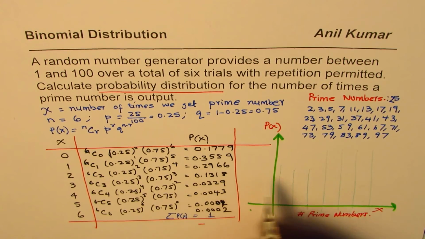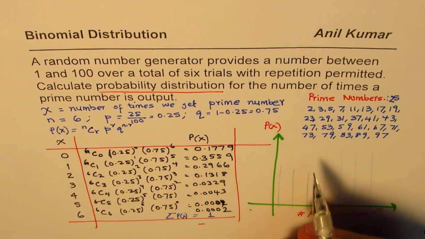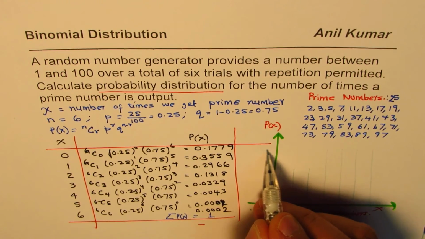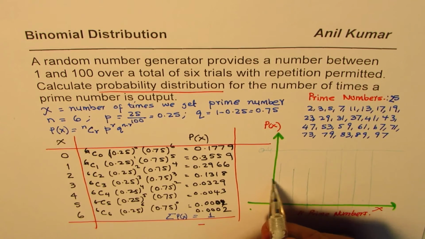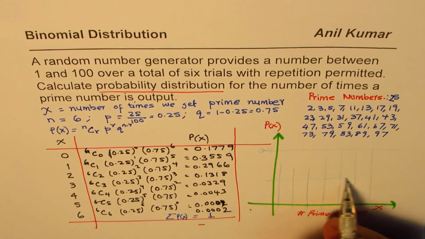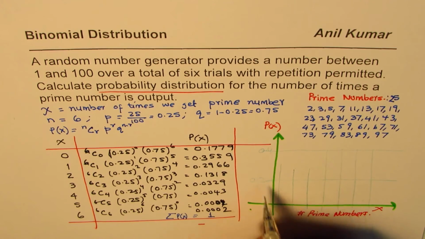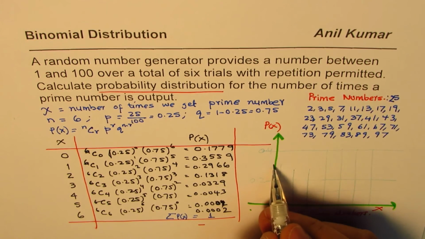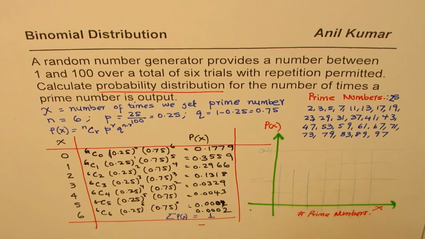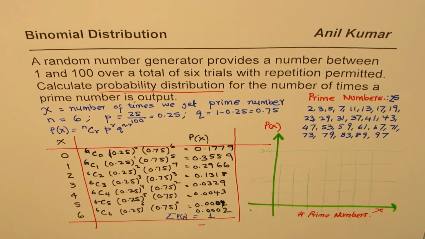I have these bars representing the values. Because I'm making a rough sketch, and the maximum value here is close to 0.4, let's say this is 0.4 for us, and then half of this will be 0.2. These are my rough marks, then 0.1 here, and 0.3 somewhere there. Now let us sketch.